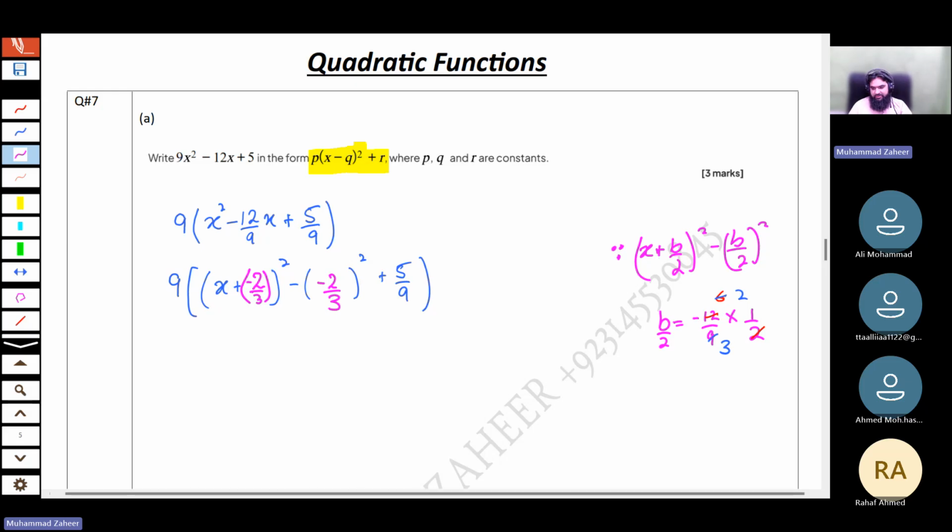Yes, everyone, any question till here? All right. The sign stays minus. It is x minus 2 over 3 whole square minus 2 square, which is 4, and 3 square is 9, plus 5 over 9.